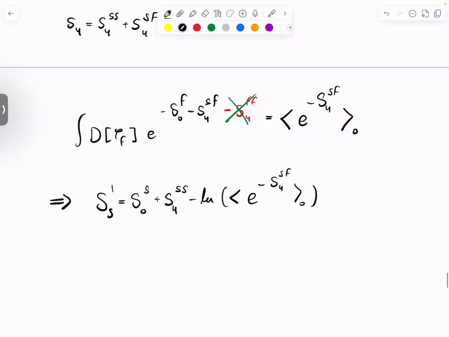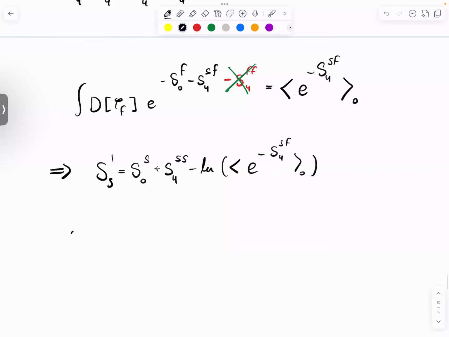So this is the guy we want to compute, and we're computing the expectation value within the fast modes. So how do we do such a computation?